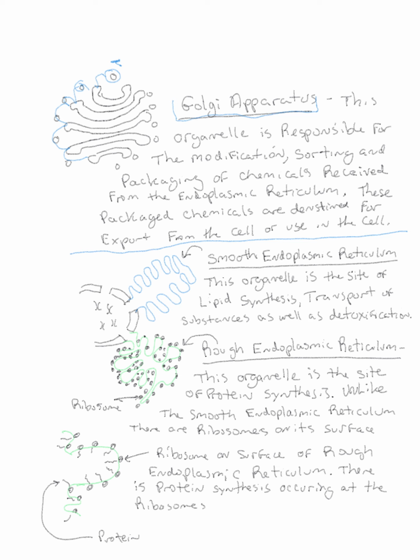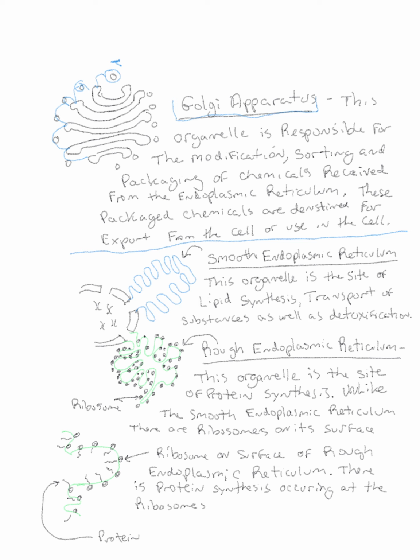You'll find this is the site where you have not proteins, but lipids that are synthesized. And the endoplasmic reticulum also acts as a transport system within the cell. And the smooth endoplasmic reticulum can act to detoxify chemicals.